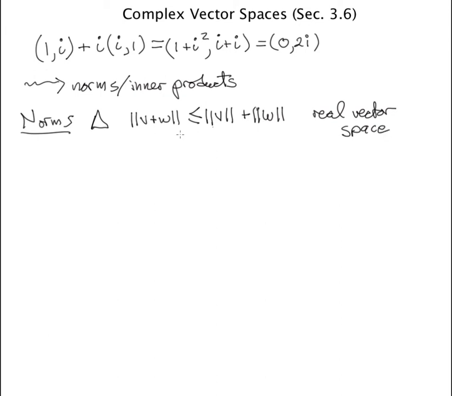Well, in a real vector space, these are all real numbers, and you know what it means to say one real number is less than another. But what's the norm of a vector in a complex vector space supposed to be? Where v is, let's just say, in C^n, it has n coordinates z1 through zn, where these are complex numbers.